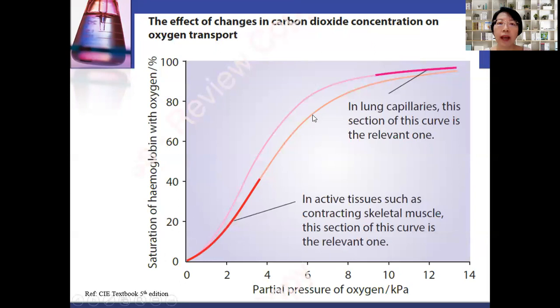Okay. Right side means reject. Right side means when hemoglobin rejects oxygen. So unloading must occur. So unloading actually occurs in this curve on the right side over this region here. So when I've got these two curves, loading occurs on the upper curve on the left side, unloading occurs on the lower curve on the right side, because the curve will shift to the left and right according to the partial pressure of CO2 also.